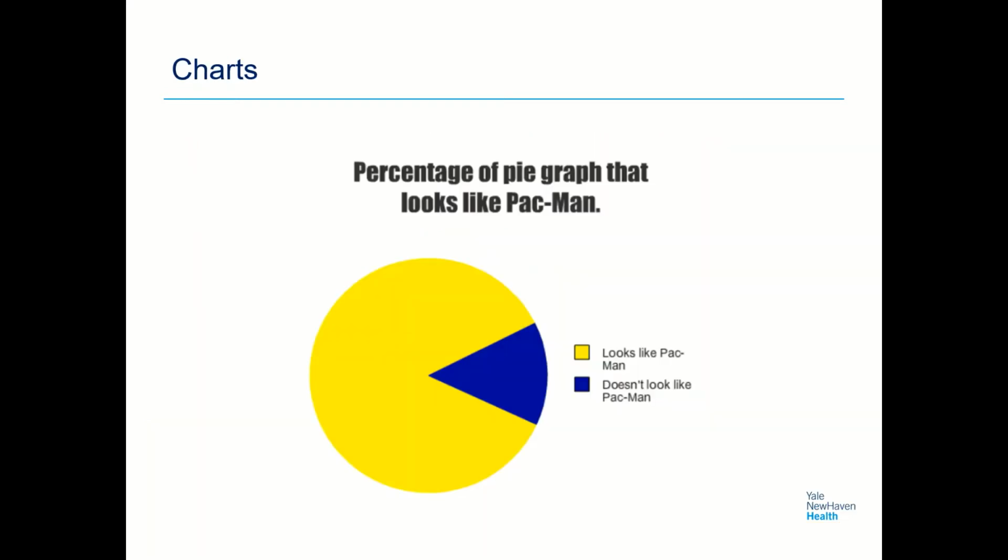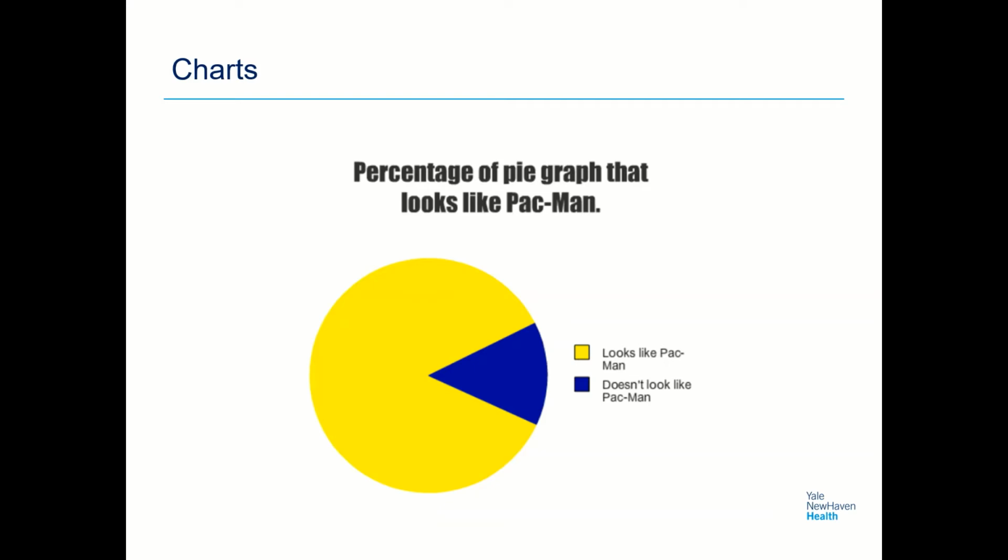Now we're going to just move on to charts. There's a lot of really cool things that we could do with charts. This looks like a Pac-Man, and it's an interesting pie graph. But I want to show you some things with charts.